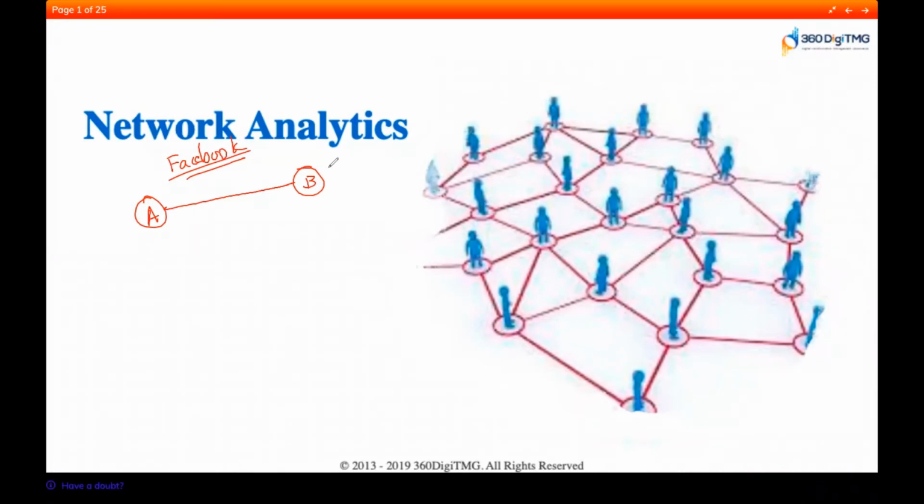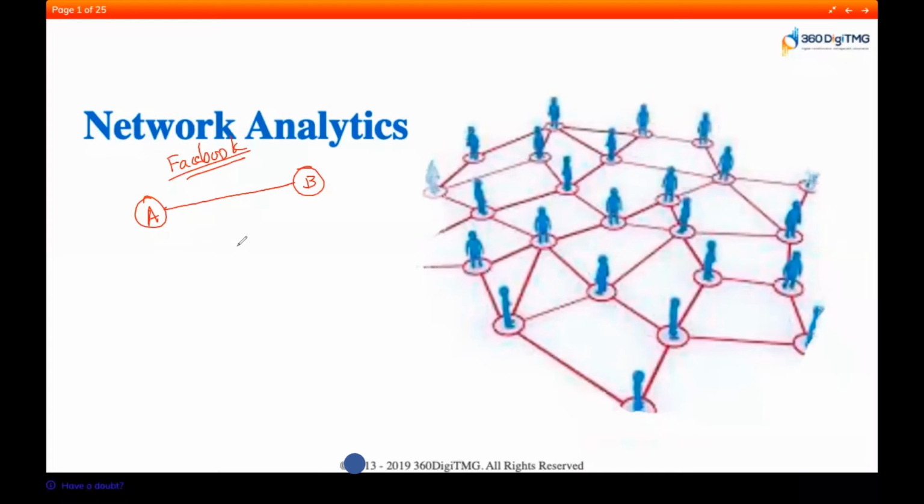So if there is an existence of any relationship between A and B, then we call it a relationship. What is the process here in order to understand this exactly? To explain this, I would like to take an example. Let's say this is Facebook. I have a quick question for you guys here.